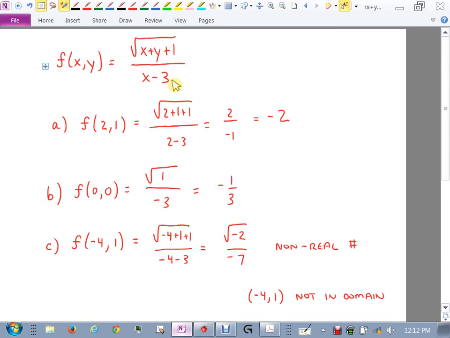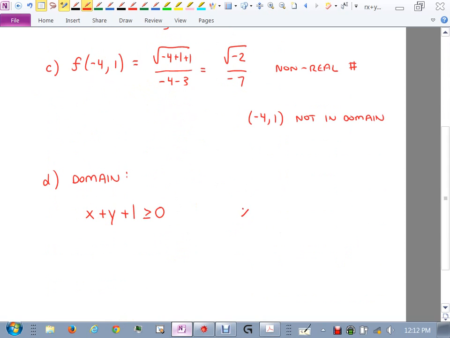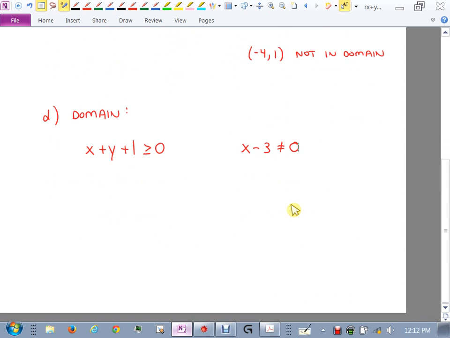Can't have 0 in the denominator. So x minus 3 cannot be equal to 0. Those are my two issues. The one on the right's pretty easy. x can't be equal to 3, period. No restriction on y here, just x can't be 3.